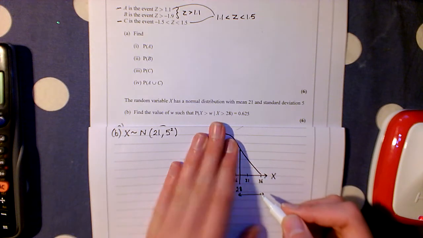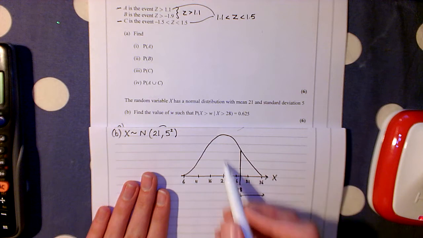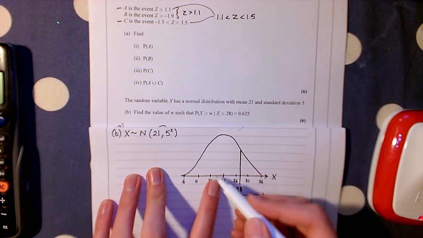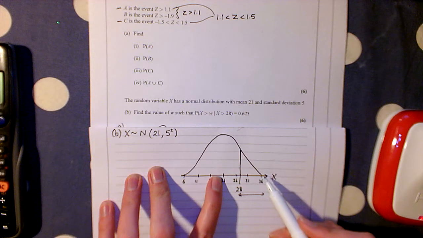Normally when we have probabilities of, say, 60%, we'd be looking in the whole table and we'd say, well, 50% is about there. So if you wanted the probability of being greater than something to be 60%, you'd want to pick something on this side so that all of that greater than section could be 60%.